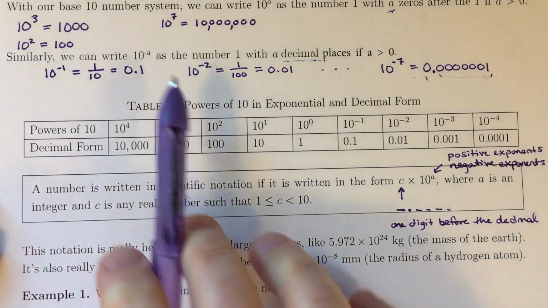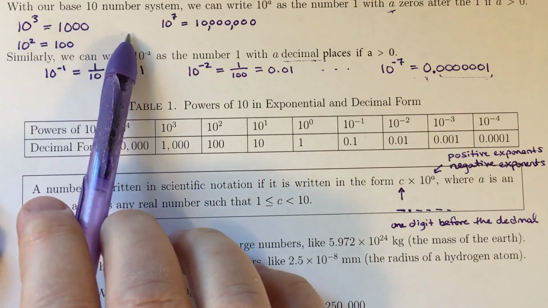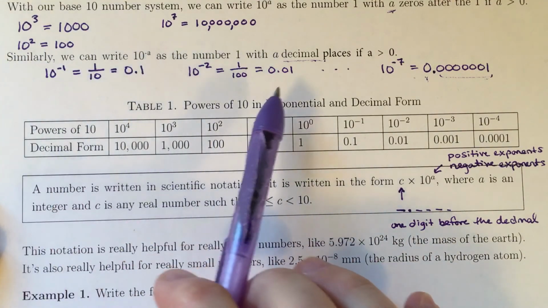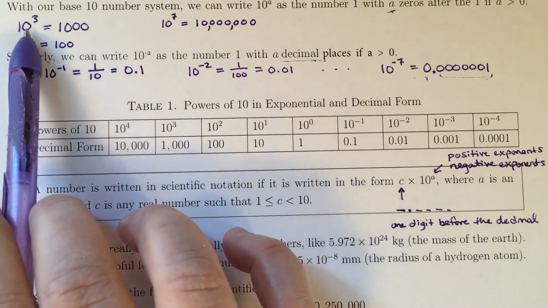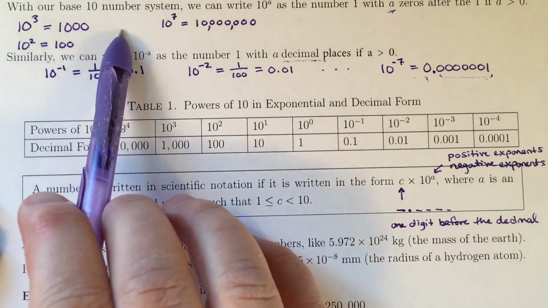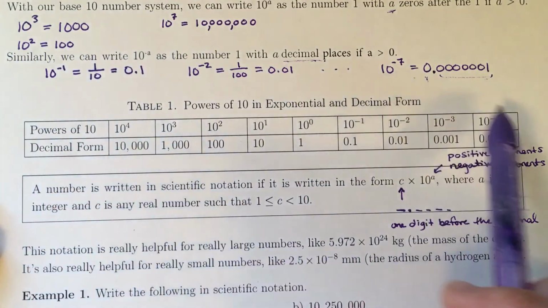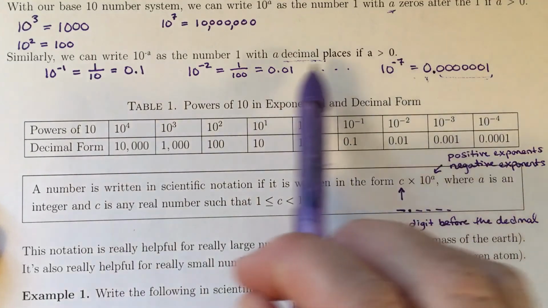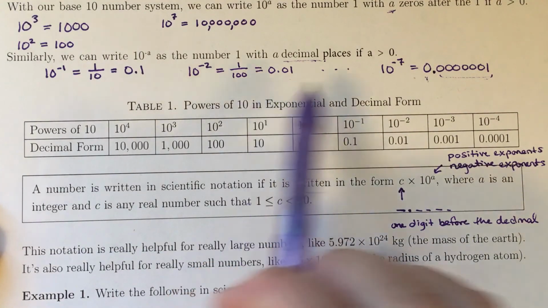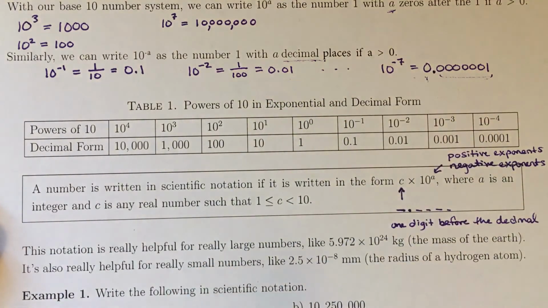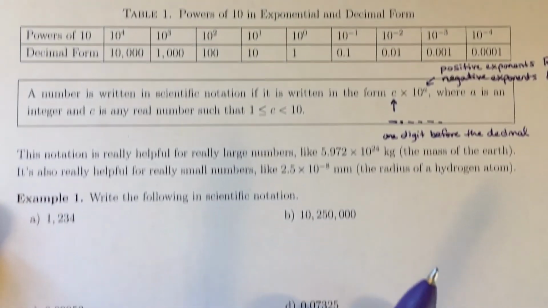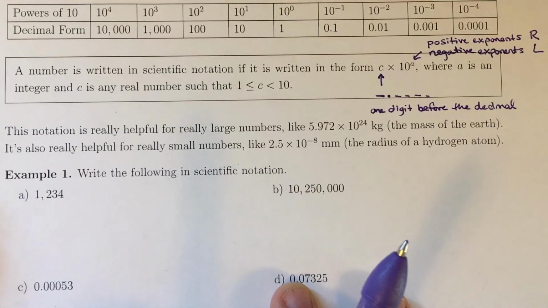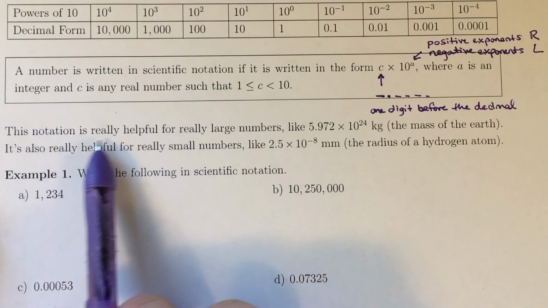Just like up here, positive exponents on 10 made the number bigger. In other words, that's sort of like moving the decimal to the right. We added zeros. But negative exponents made the number smaller, so it ends up moving the decimal to the left. So let's put this all together and see some examples of this.